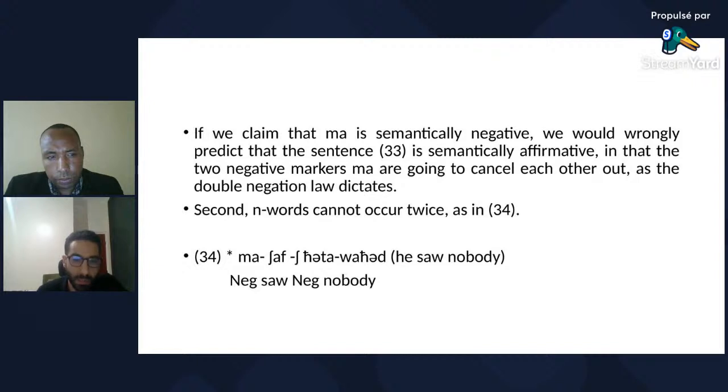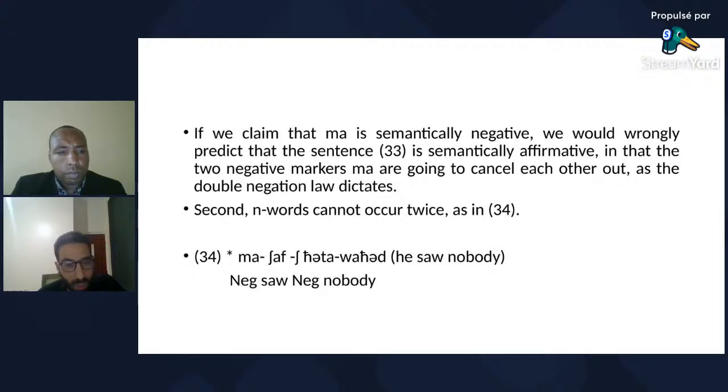If we claim that ma is semantically negative, we will wrongly predict that sentence 33 is semantically affirmative, in that the double negative markers ma are going to cancel each other out, as the double negation law dictates. Second, n words cannot occur together, as in 34. Okay, we cannot say ما شافش حتى واحد. This is, we cannot say sh, the negative marker sh, with حتى واحد.